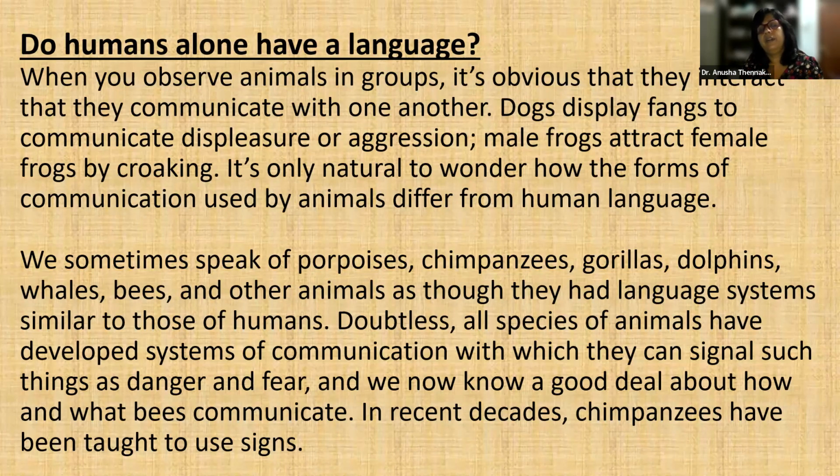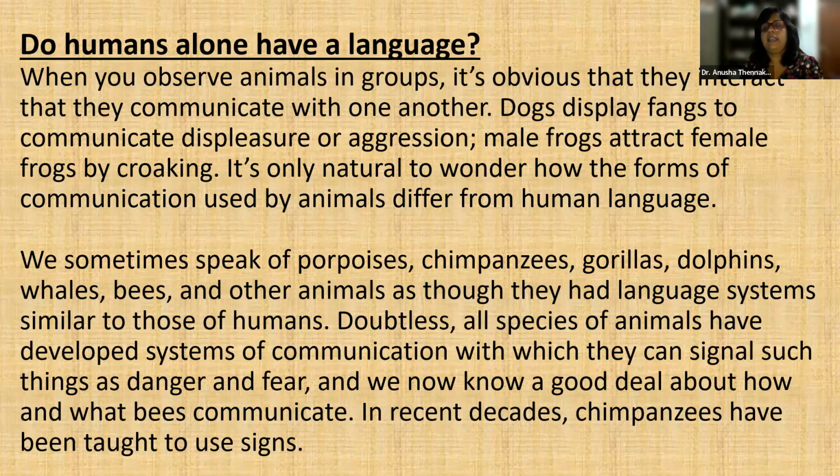And we now know a good deal about how and what bees communicate. Bees have a nice way of communicating actually, and they know how to invite other bees to a place where there is nectar.